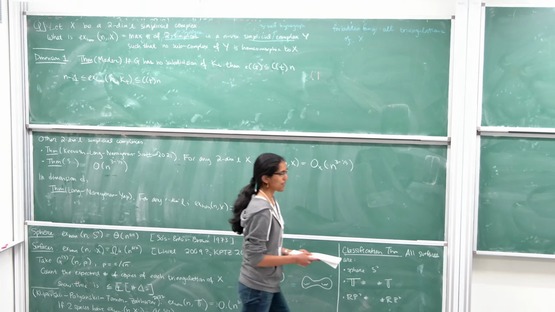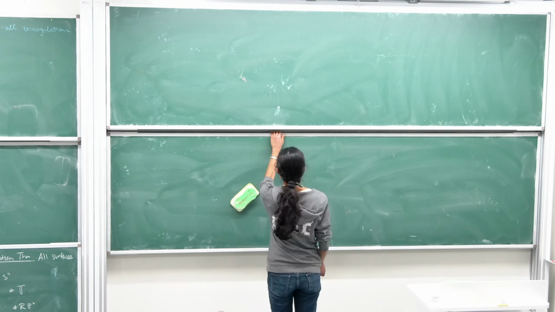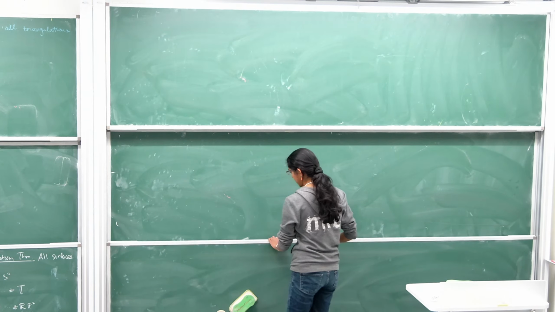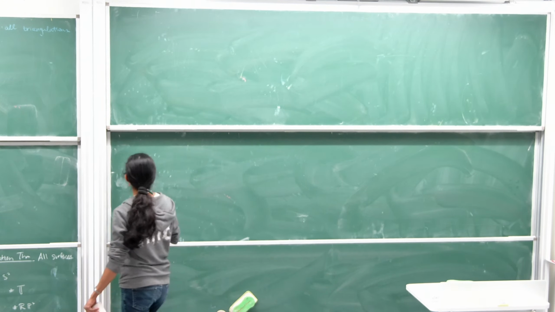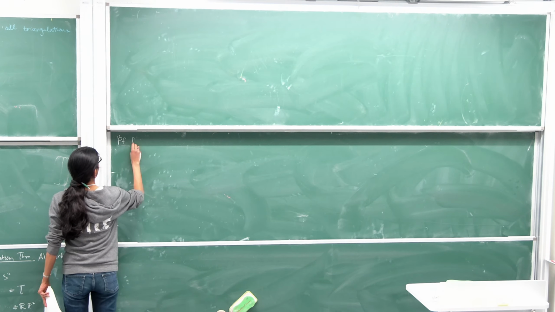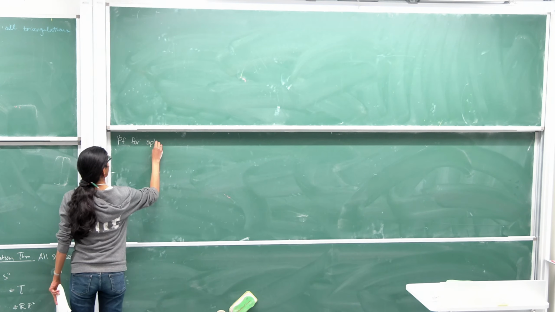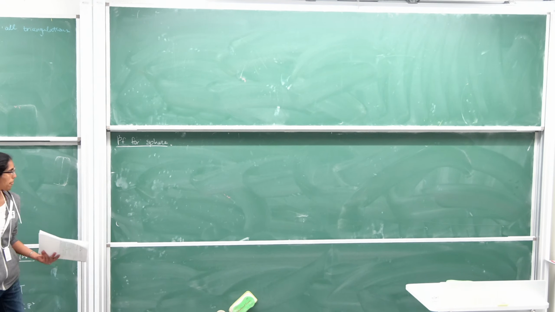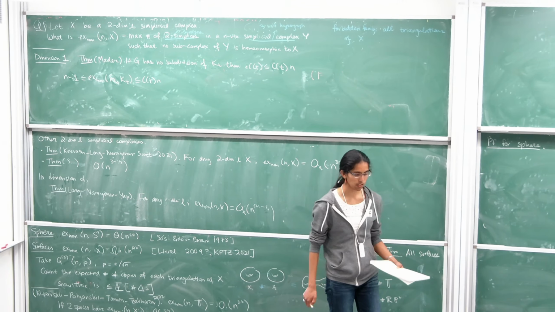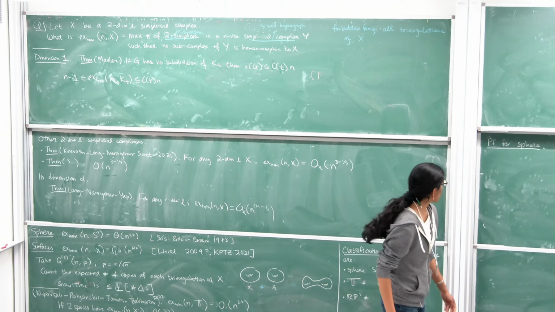This is the part of the talk where I get to draw pretty pictures. I'll start by telling you how we find a sphere. To find a sphere, we're going to actually find something much more specific.